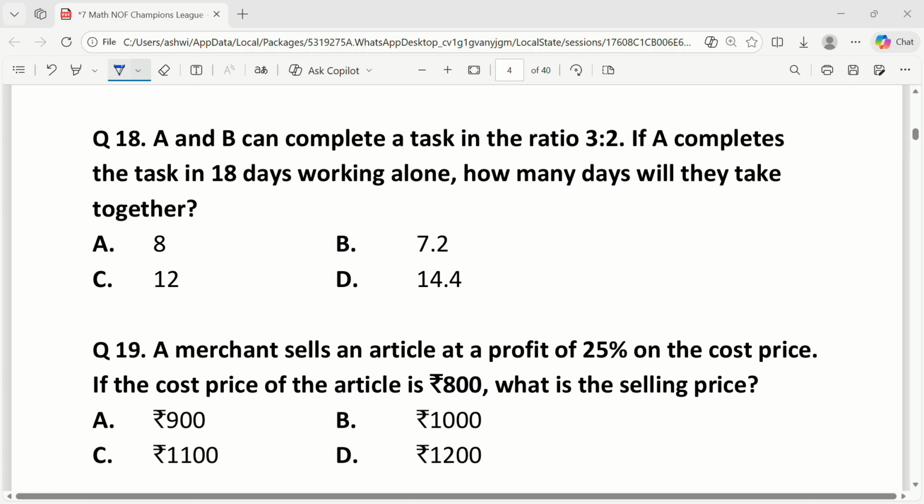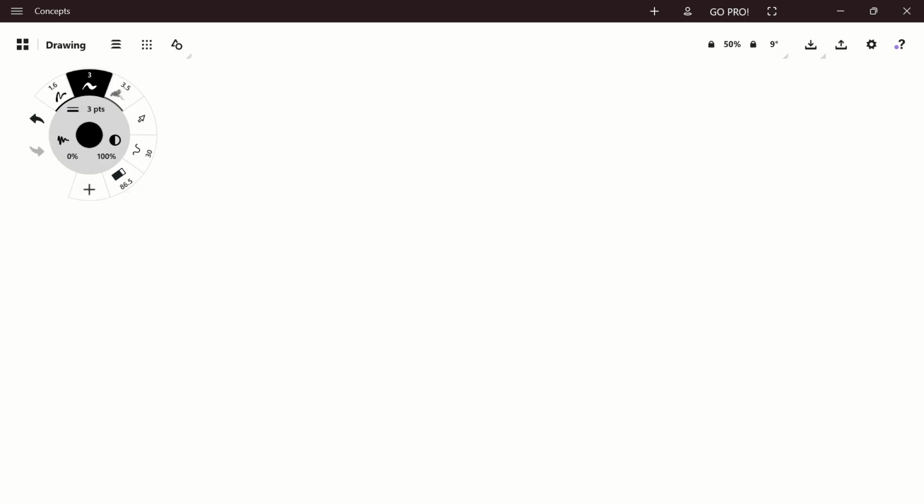Question 18. A and B can complete a task in the ratio 3:2. If A completes the task in 18 days working alone, how many days will they take together? The ratio of the days A takes to the days B takes is 3:2.